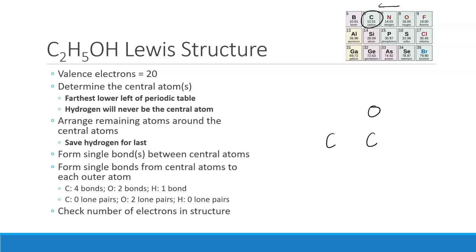Well, the carbon on the right already has a bond to a carbon and to an oxygen. So that carbon, if it can only have 4 bonds, can attach to 2 hydrogens. And now it has a total of 4 bonds. The other carbon on the left only had a single bond to another carbon, and therefore it can have 3 hydrogens.